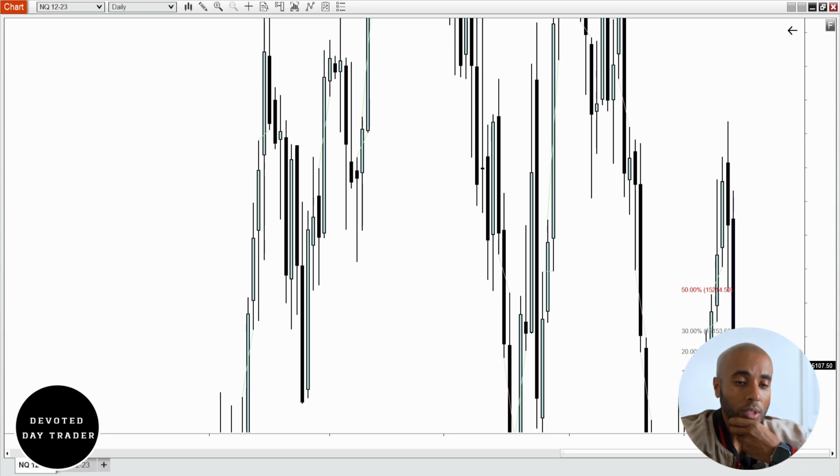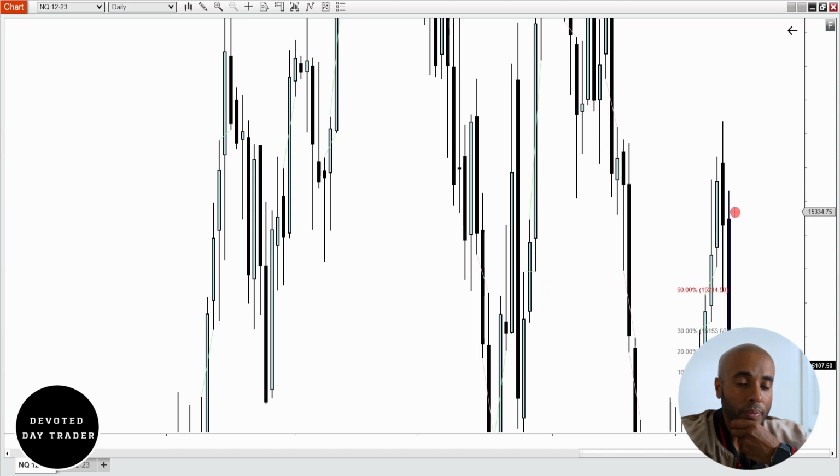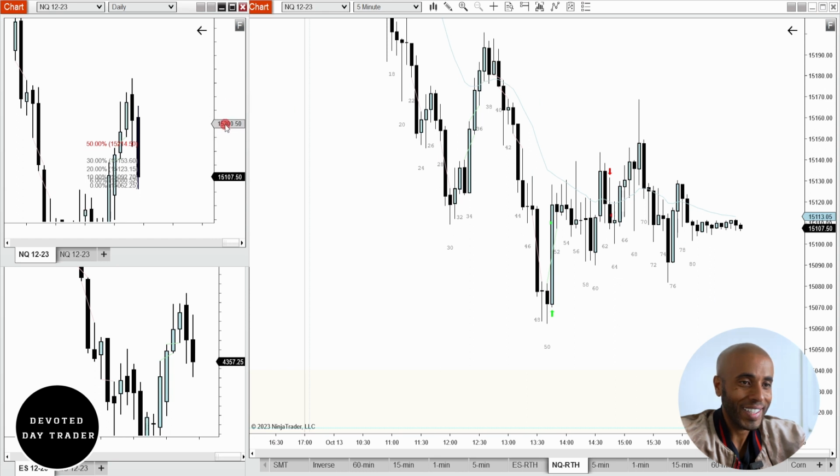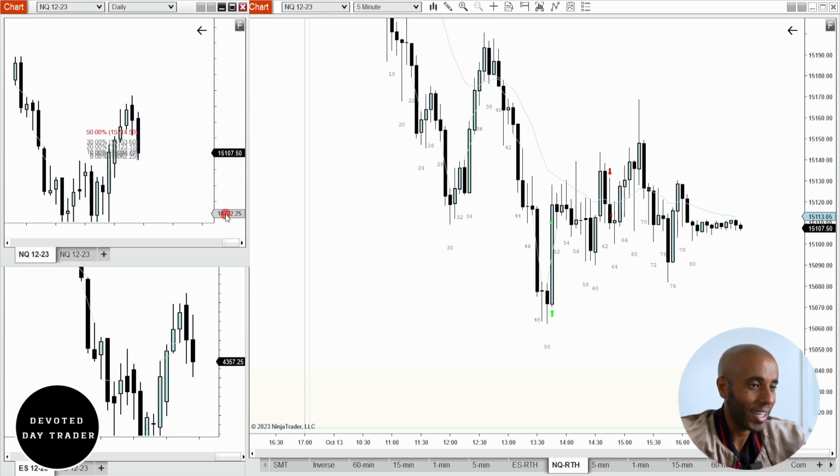I have noticed the daily candle, and even sometimes the weekly candle, usually closes between 20 to 30%. And if that's not the case, it usually closes between 6% to 10%. This is what I have discovered after doing so much backtesting on closes on the daily candle and the weekly candle.